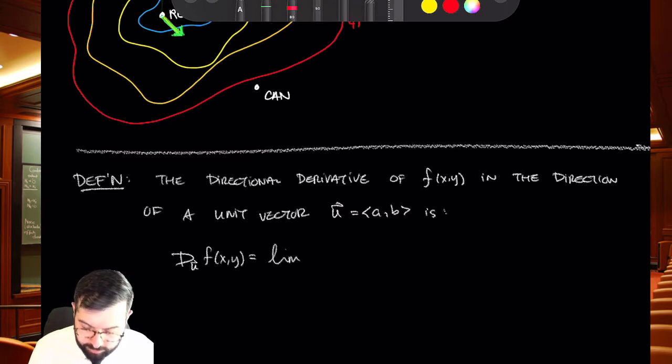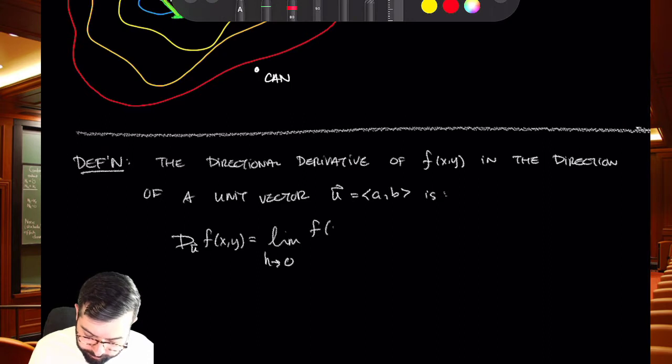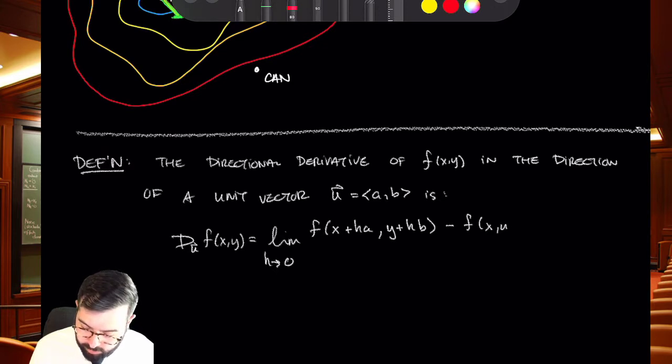And so I'll give you the limit definition, which you might be able to parse, but I think the sketch really helps this. So f of x plus ha, y plus hb, minus f of xy, all over h.